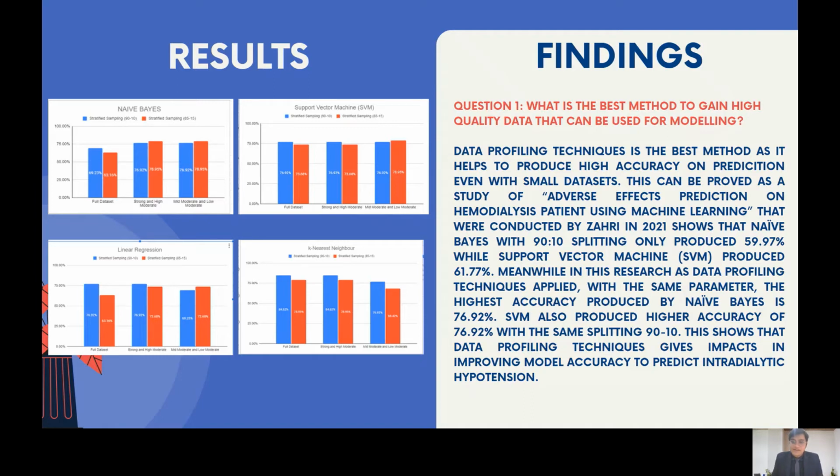Meanwhile, in this research, as data profiling techniques were applied with the same parameters, the highest accuracy produced by Naïve Bayes is 76.92%. SVM also produced a higher accuracy of 79.92% with the same splitting of 90/10. This shows that data profiling techniques have an impact in improving the model accuracy to predict intradialytic hypotension.